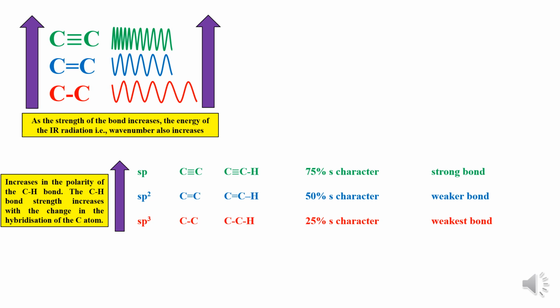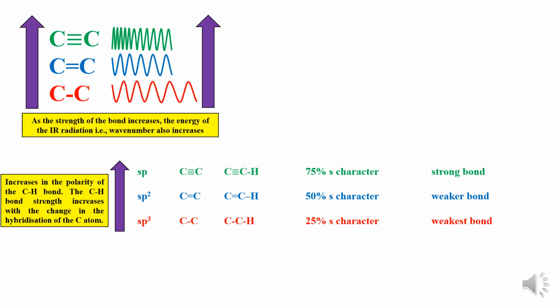And therefore, the CH bond strength in case of alkyne will be much more than the CH bond strength of alkane. So this is all because of the hybridization of that particular carbon atom.